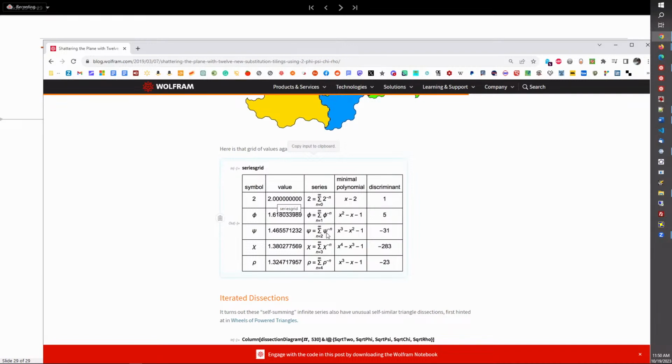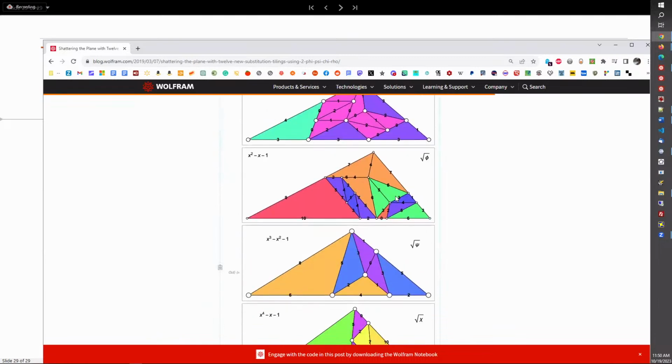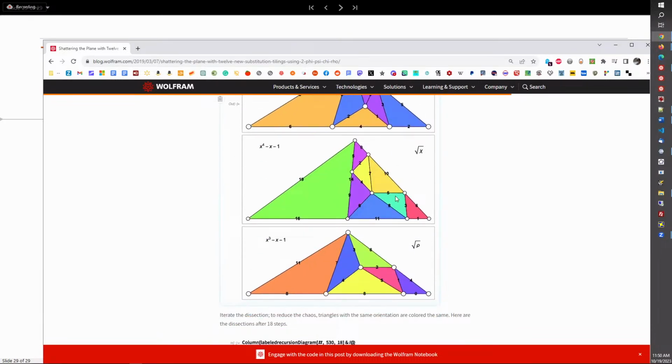The super golden ratio skips the first 2 powers, the chi constant skips the first 3, and the plastic constant skips the first 4, and you get these polynomials and values. And it turns out that all 5 of these lead to special fractals.